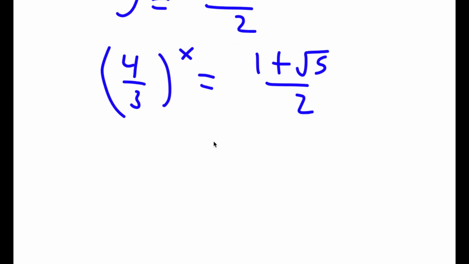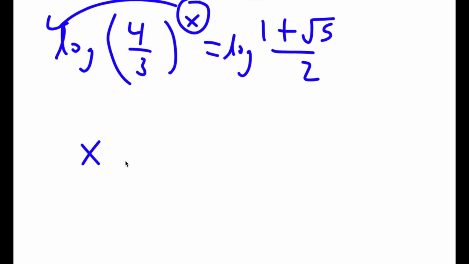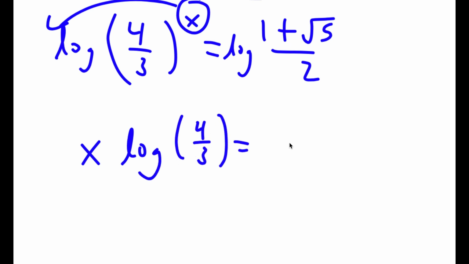So now to solve this, I'm going to take the log on both sides. So I have log of (4 over 3) to the power of x is equal to log of (1 plus the square root of 5) over 2. And now I can actually move this x to the front. So now I have x times log of 4 over 3 is equal to log of (1 plus the square root of 5) over 2.